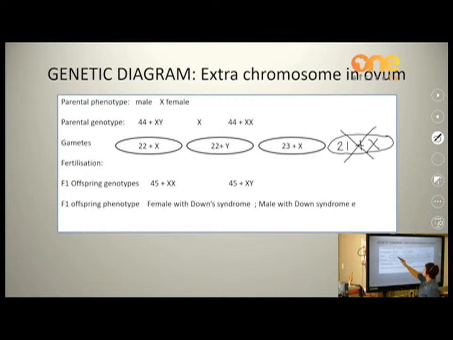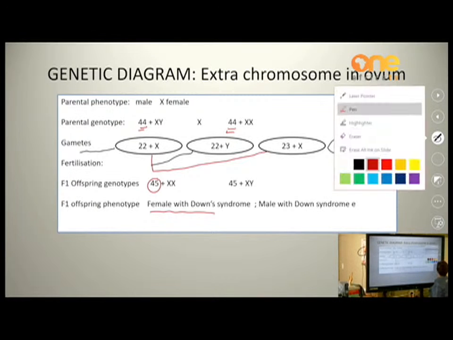So if this is now a normal X chromosome, X sperm, and this is the other sperm with the Y. If we now have fertilization and this chromosome fertilizes the 23, now we have 24. Can you see? That is an extra chromosome. So this will be a female, and this one will be a male.